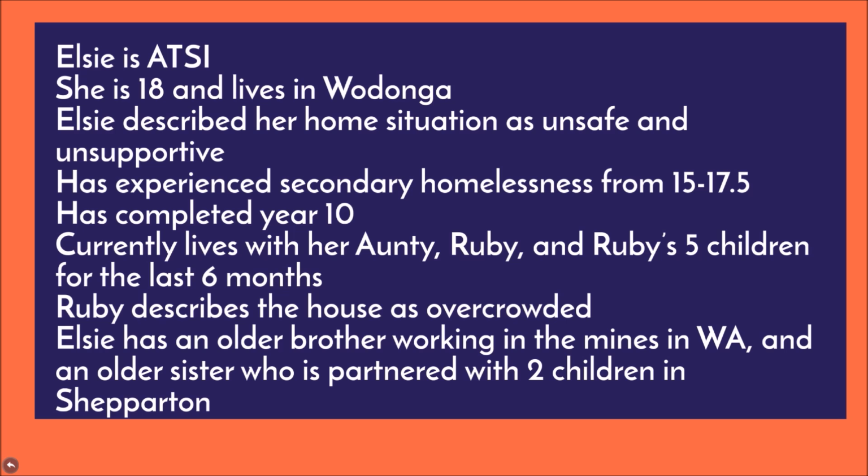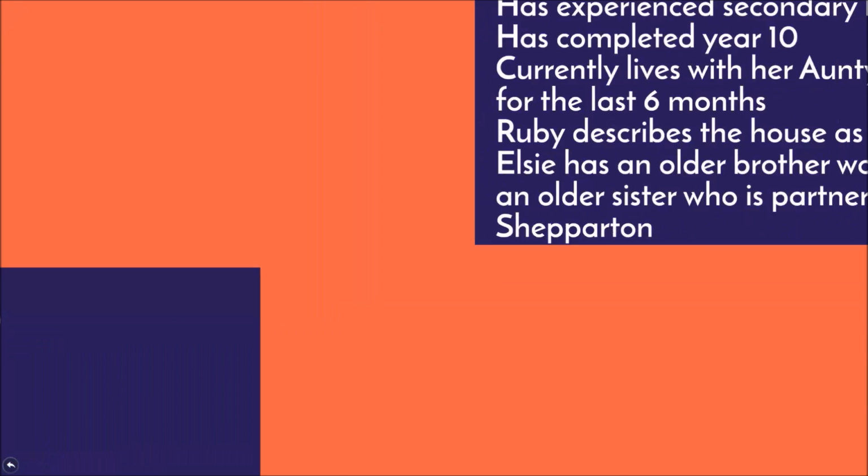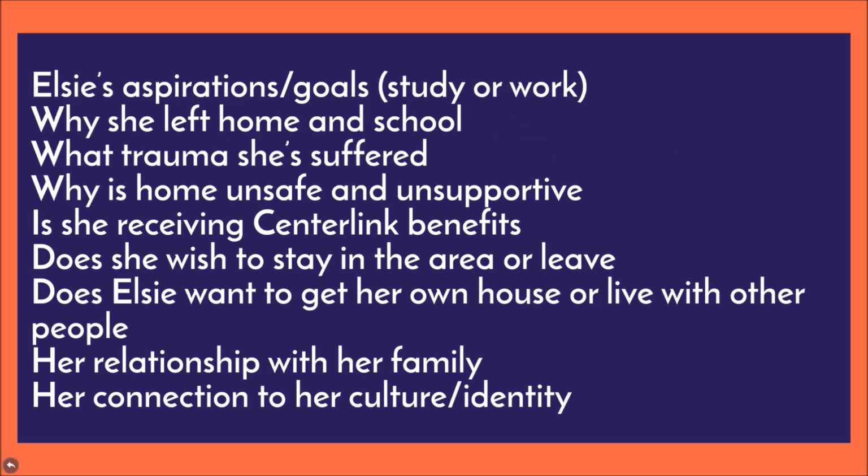Now that we know what we know about Elsie, it's also important to discuss what is unknown about the client. We don't know her goals or aspirations with regards to study or work. We don't know why she left home and school. We don't know if there's any trauma that she's suffered. We don't know why her home is unsafe or unsupportive. We also don't know if she is receiving Centrelink benefits.